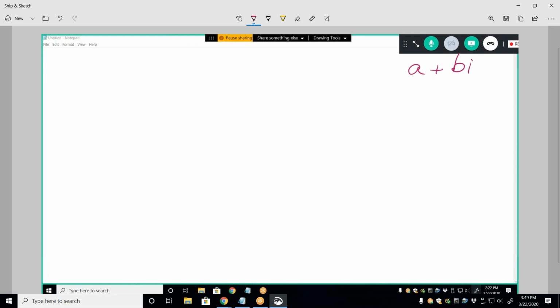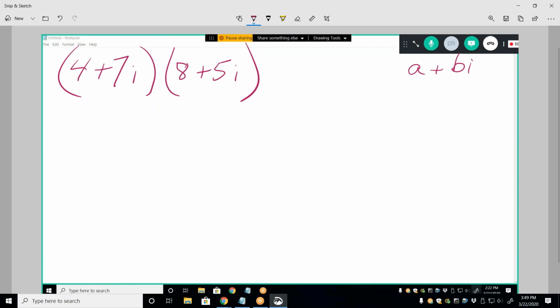So I get left paren 4 plus 7i, right paren, left paren 8 plus 5i. Foil it. Step by step, just read the first and I'll write it down, and then read the outside and I'll write it down, and the inside I'll write it down like that.